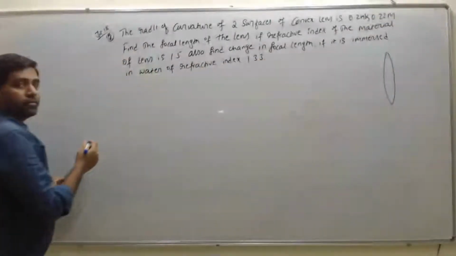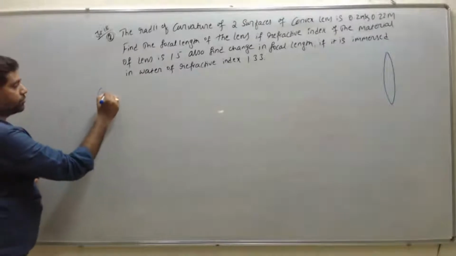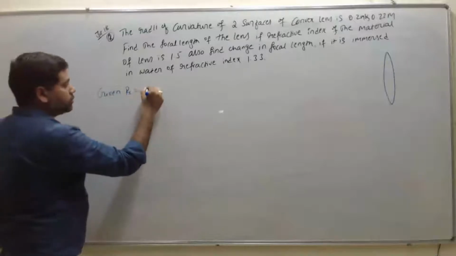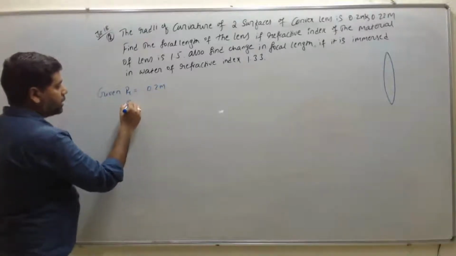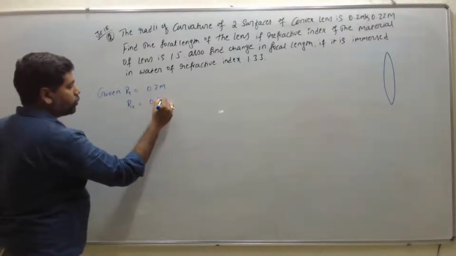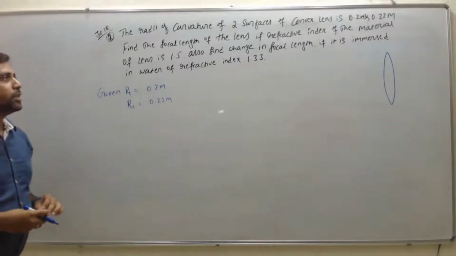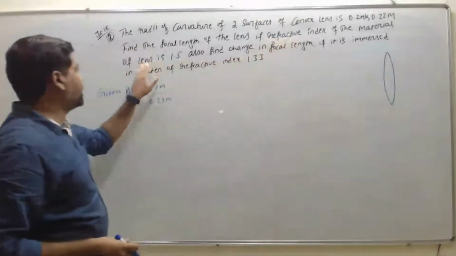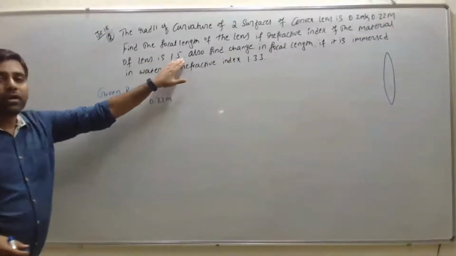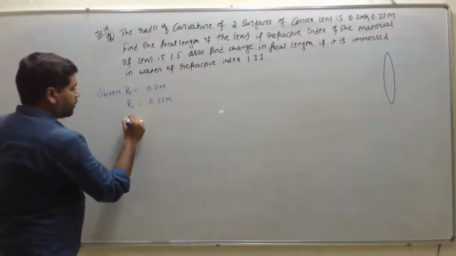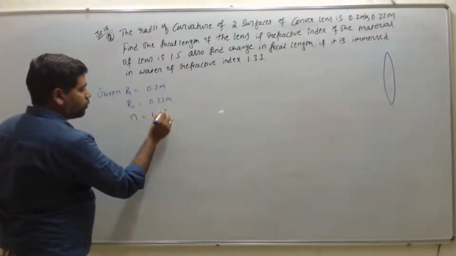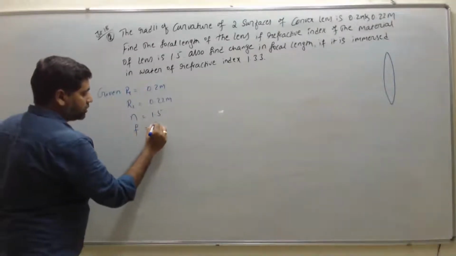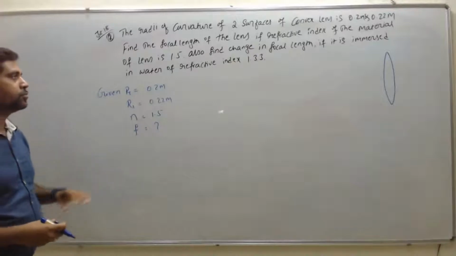They gave R1, the radius of curvature, as 0.2 meter, and the radius of curvature R2 is equal to 0.22 meter. Next, find the focal length of the lens if the refractive index of the material of the lens is 1.5, and they also gave the refractive index of the material as 1.5. For this condition, we have to calculate the focal length, right?